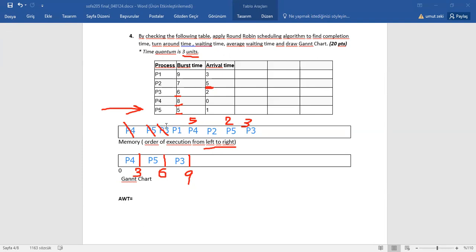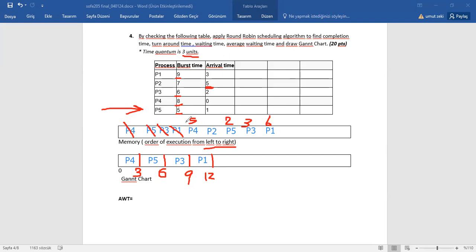I can continue from this side, P1. P1, again, I will write 3 nanoseconds, so 12, okay? And P1's burst time is 9, so 9 minus 3 is 6. So I will write it here, P1, with 6 nanoseconds.